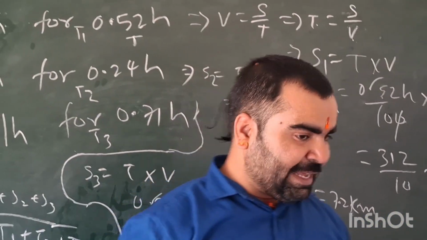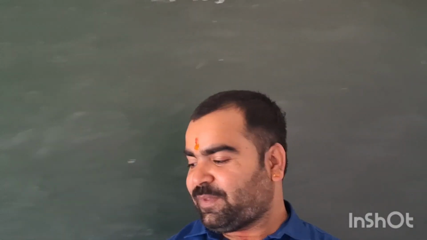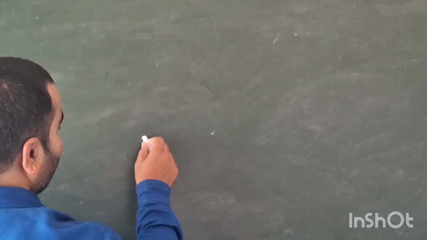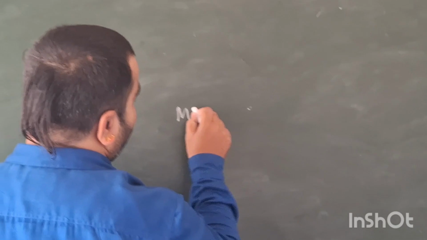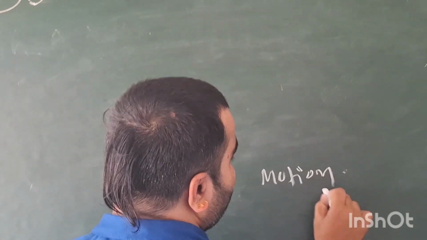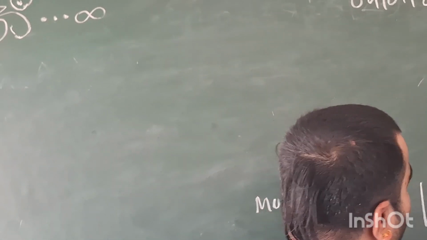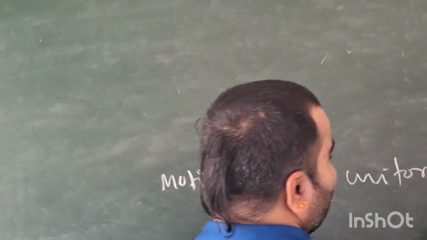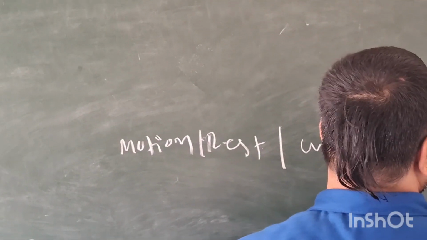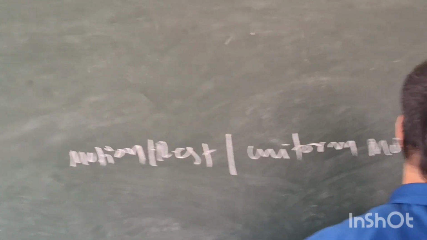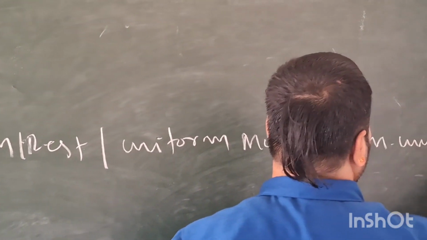What is velocity? Can I erase it? I want to sing a song about motion. I'm just recapping: motion, rest, uniform motion, and non-uniform motion.